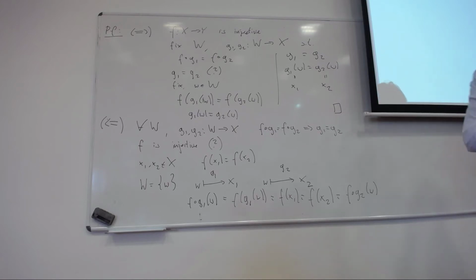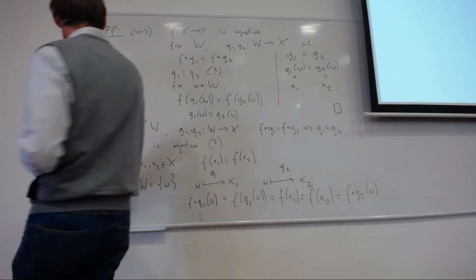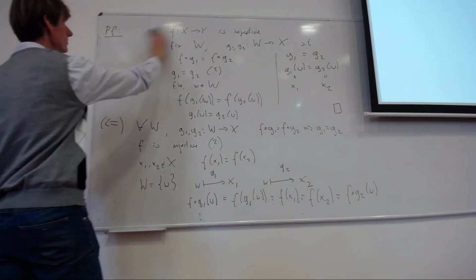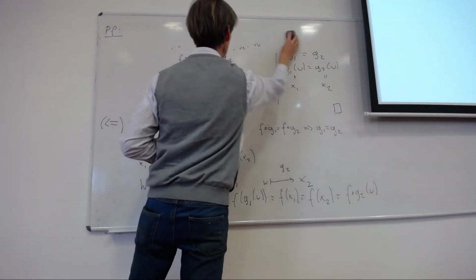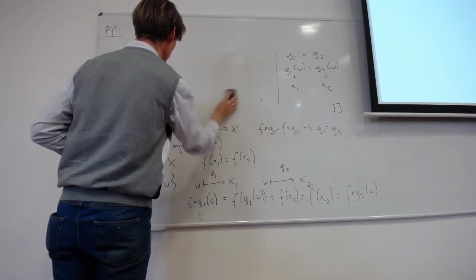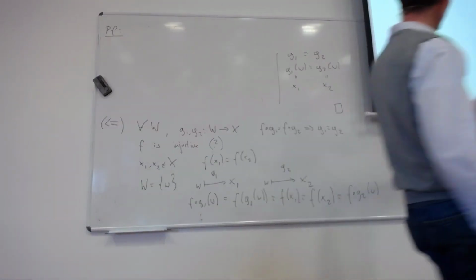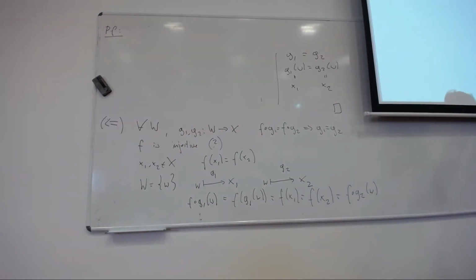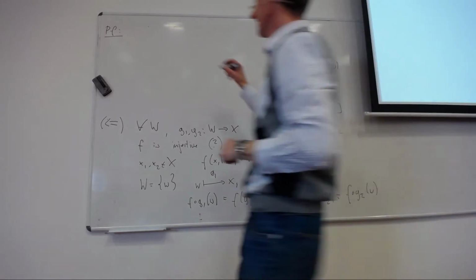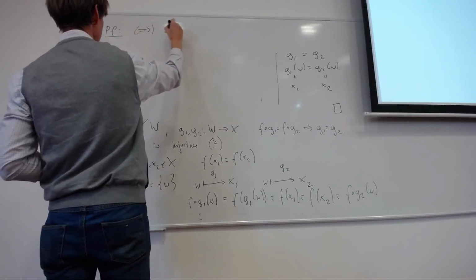Well, how about surjectivity? One direction is almost straightforward: showing that if a function is surjective, then we have this cancellation property. It would be boring to go through all the details, but this is easy.